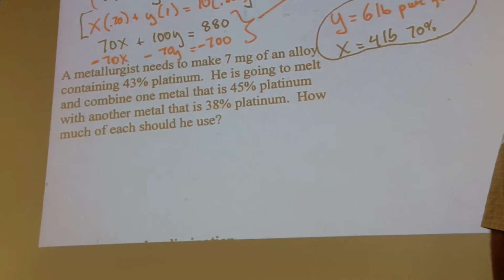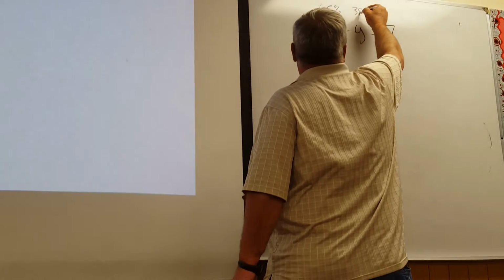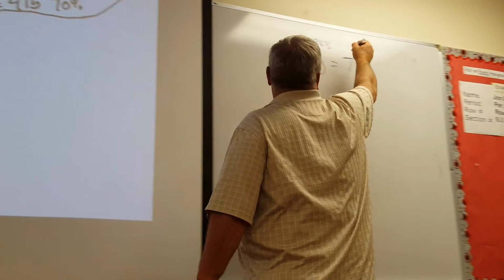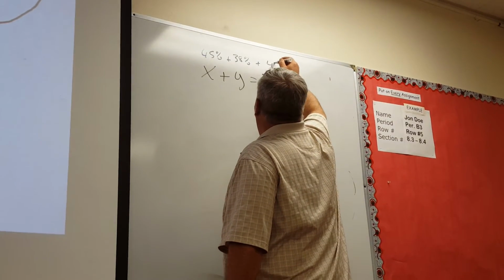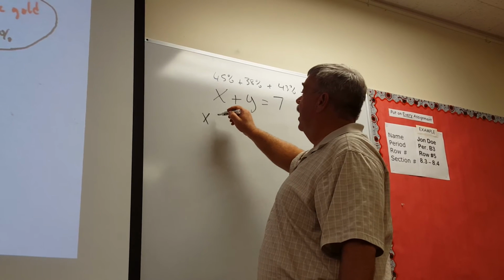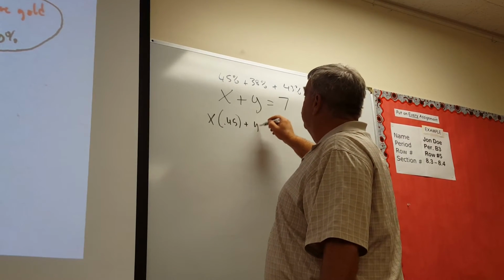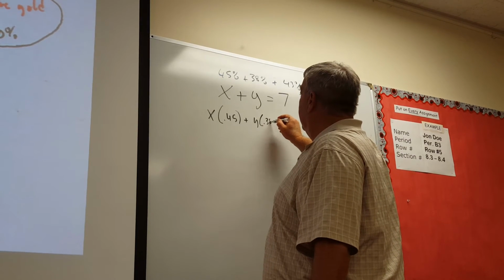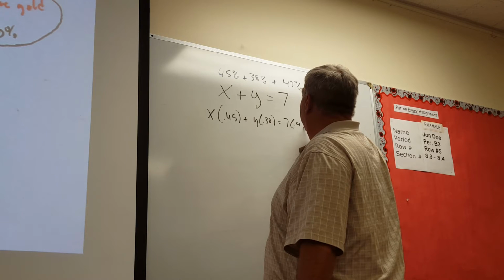So let's let x be 45%. Y is going to be 38%, and the solution is 43%, right? So the next equation would be x times 0.45 plus y times 0.38 equals 7 times 0.43.